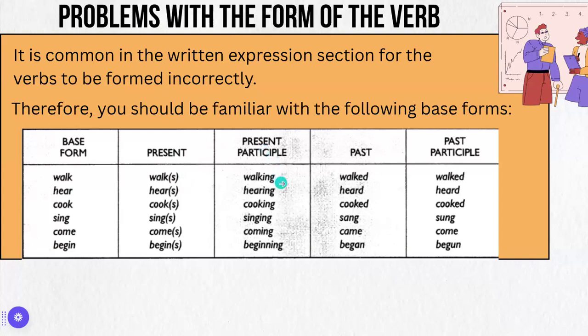The present participle form, which ends in ing, the past form, which might be with ed ending when using regular verbs, or different endings when using irregular verbs, like sang, came, or began. And the past participle forms, which in the case of regular verbs is the same as the past form. However, the same doesn't happen in irregular verbs.